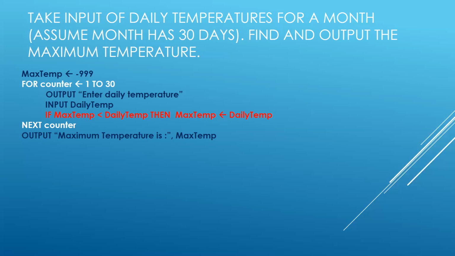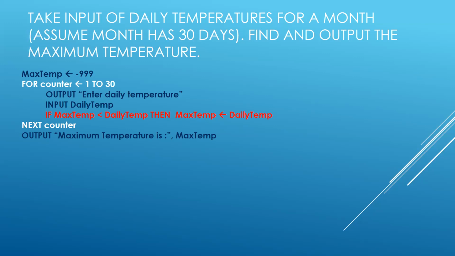Input is taken in daily temp, and then it's the line that is dealing with the maximum temperature. Be a little careful and you'll be able to understand it very quickly, and you'll be able to remember it also. What we are doing is, we're just checking if max temp, which is in this case minus 999, is less than daily temp. Assume that the person entered 10 degrees as the first value. He entered 10, not degrees. Definitely, that's great.